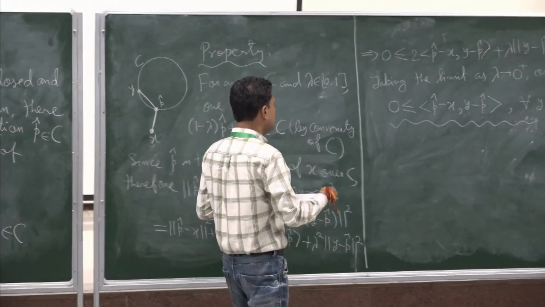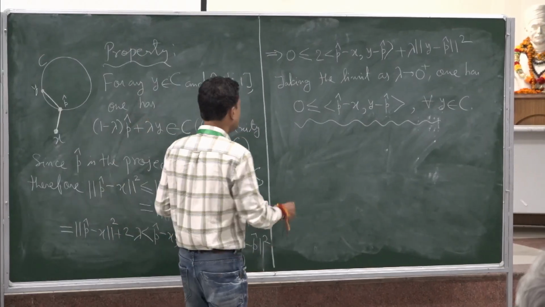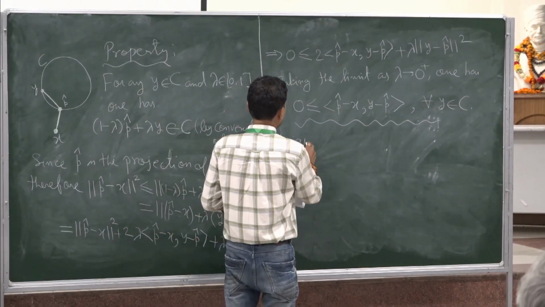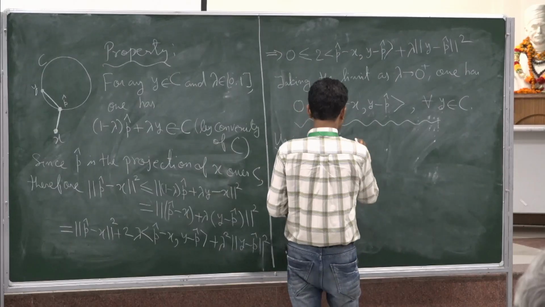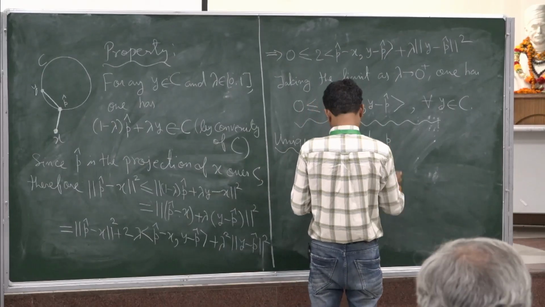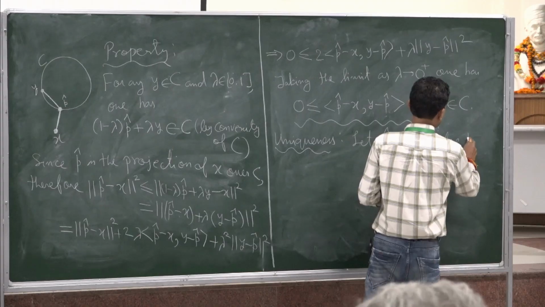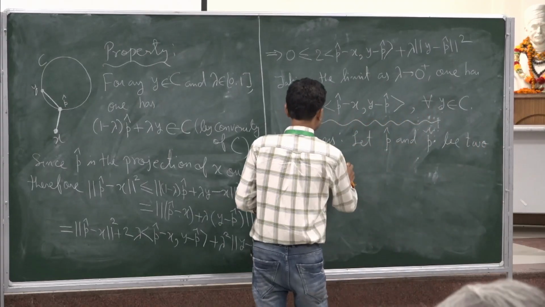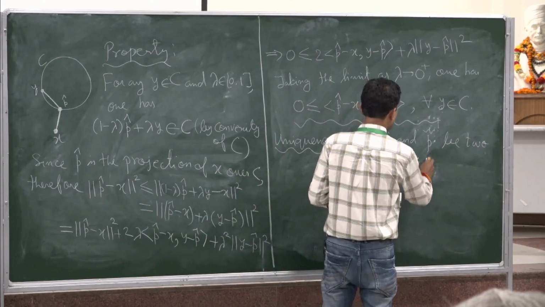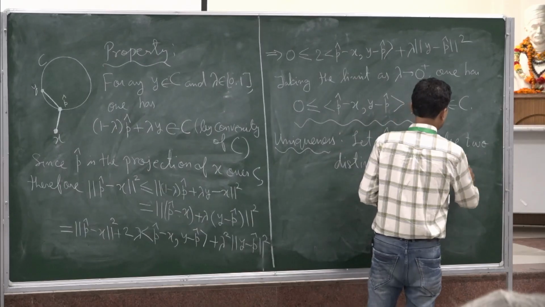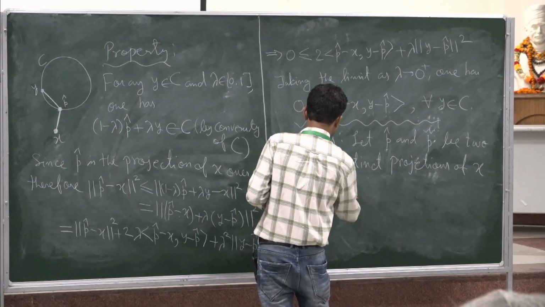Now what about the uniqueness? Uniqueness you can prove by this property. You can try: let P hat and P tilde be two distinct projections of X over C, right?